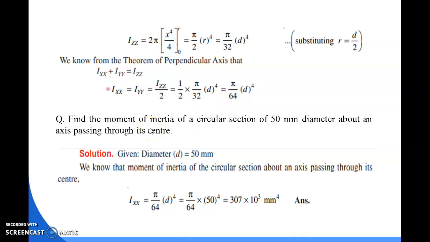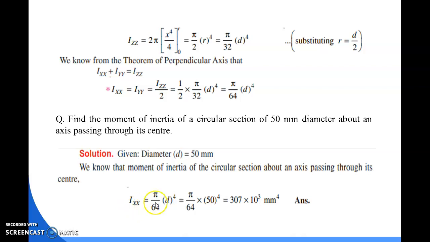So here is another numerical about the circular section. The problem is to find the moment of inertia of a circular section of 50 mm diameter about an axis through its center. Hence, according to the formula, the moment of inertia along the XX axis and YY axis are equal.